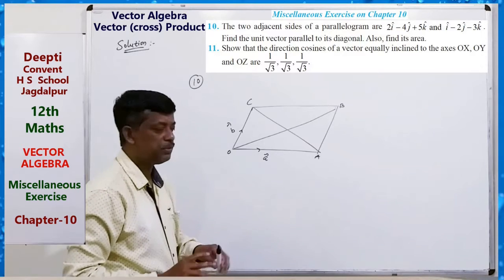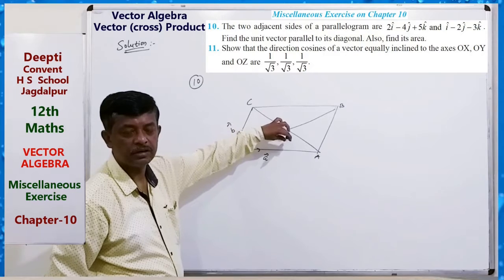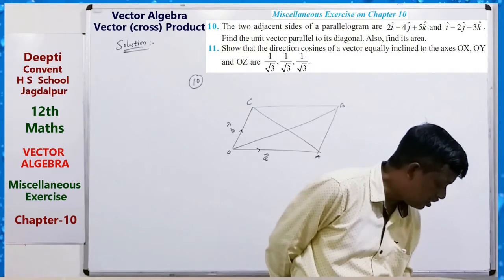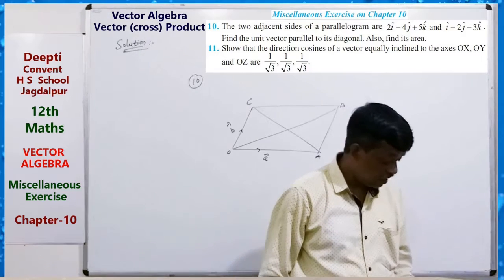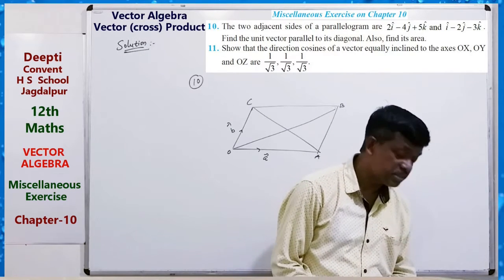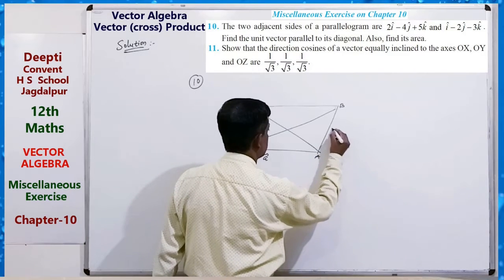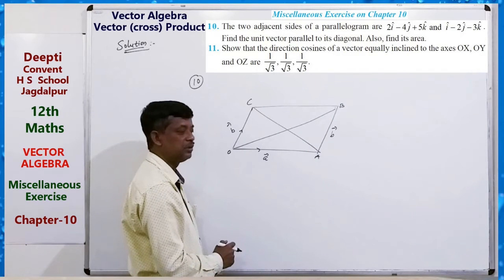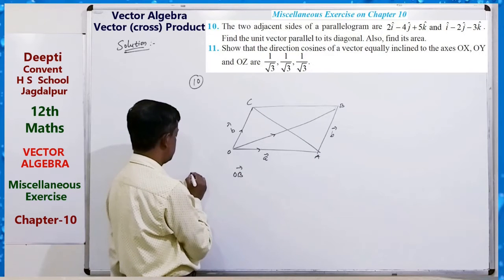And the unit vector perpendicular to this plane is also a unit vector parallel to its diagonal. So parallel to its diagonal means this is A, this is B, this and this are the same. So the diagonal is OB.